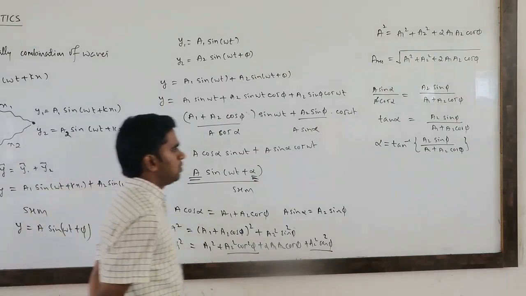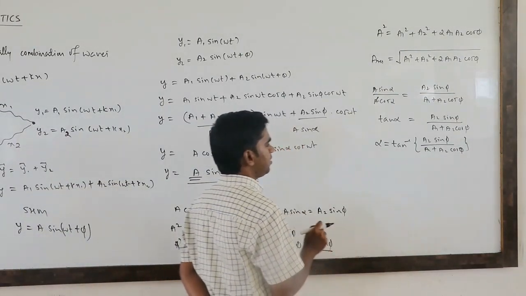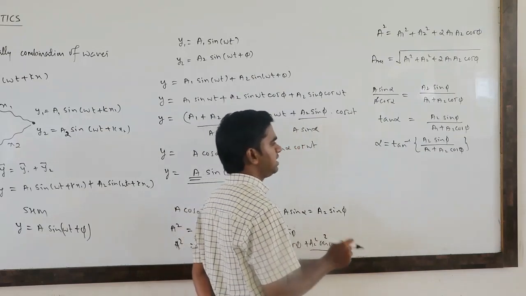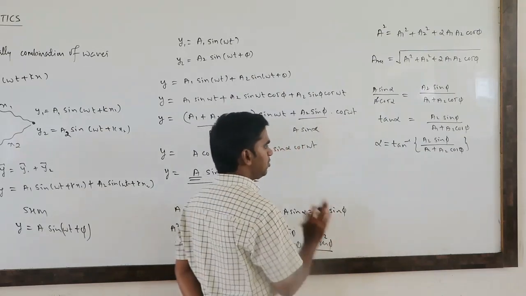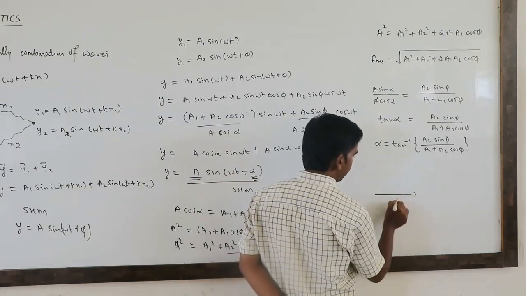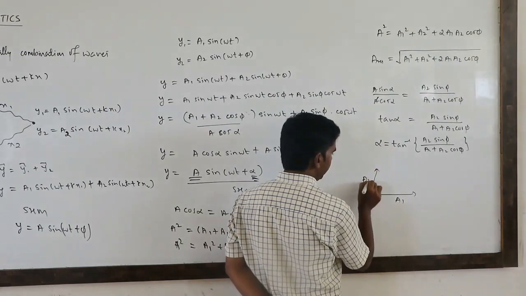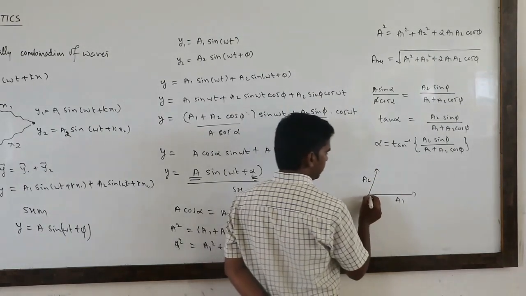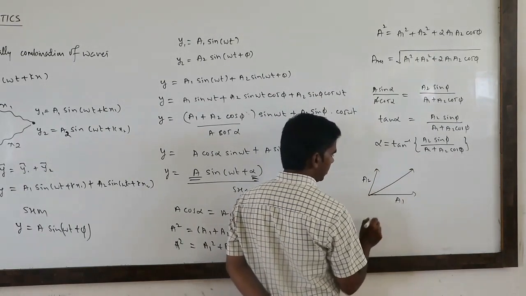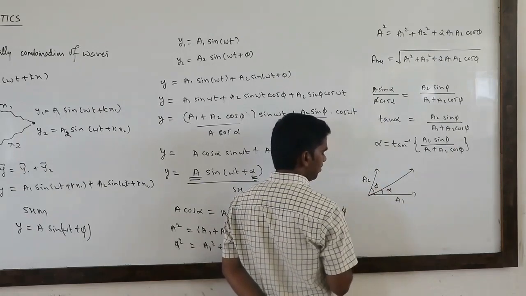But in order not to spend much time, we can use a shortcut by considering vectors. Actually, it is not a vector, but we can consider it that way: take one amplitude A1 on this side and another amplitude A2 on this side. The resultant you can take here. This is going to be your alpha, and this total is going to be your pi.